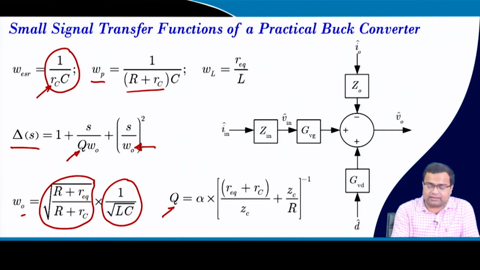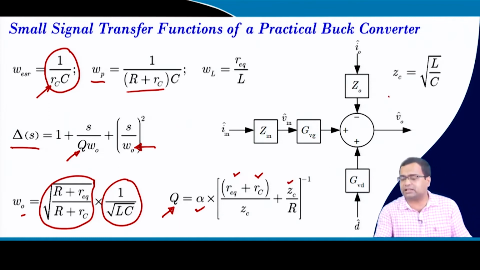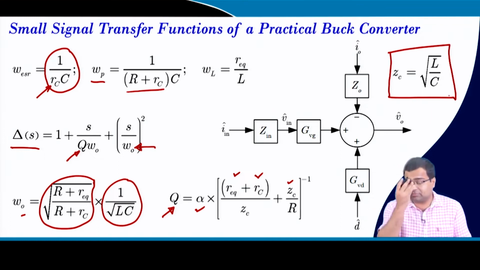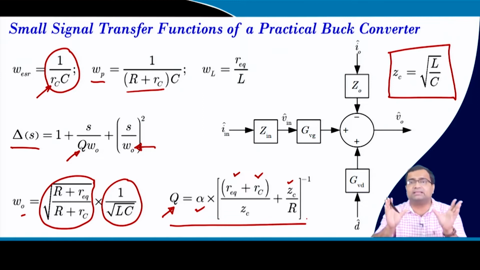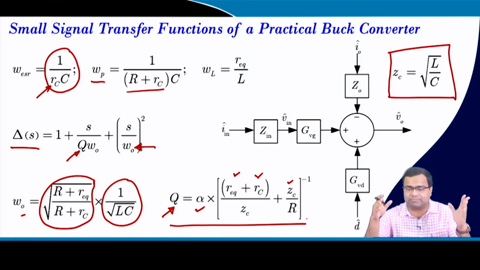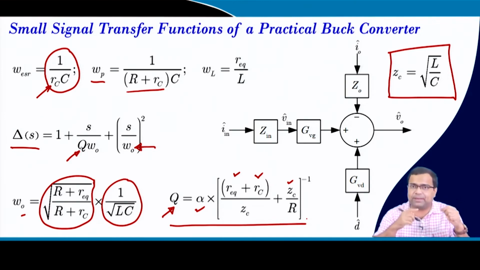Then the Q factor is this alpha, already discussed. R equivalent we discussed, RC is the ESR, ZC is the characteristic impedance, which is nothing but square root of L by C, and this is the Q factor. This Q factor is the one which causes the change in the peaking, that means the phase margin. If the Q factor is high, the peaking will be high.